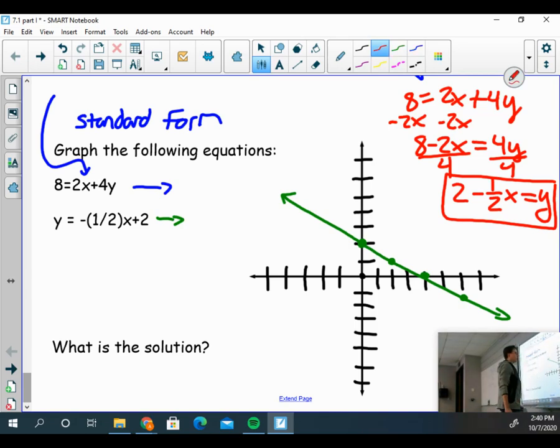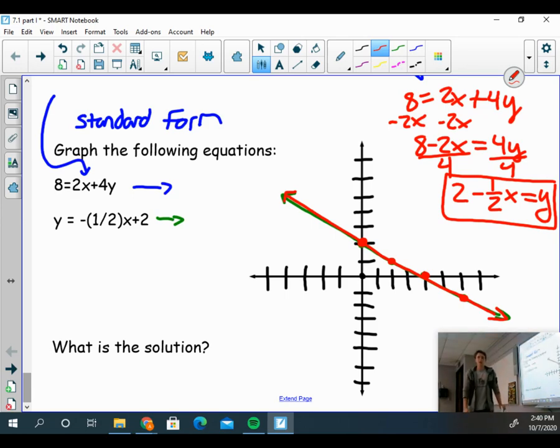So now if I go ahead and graph this equation, my y-intercept's at 2, and I go down 1 over 2, down 1 over 2. And what you probably realize is it is the exact same line. One line on top of the other.